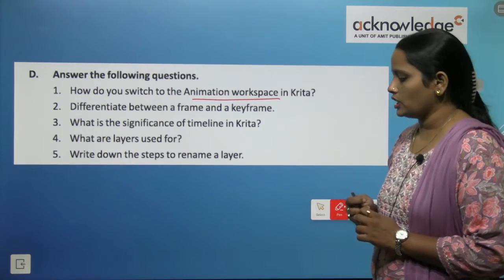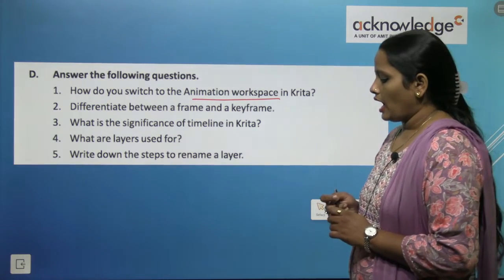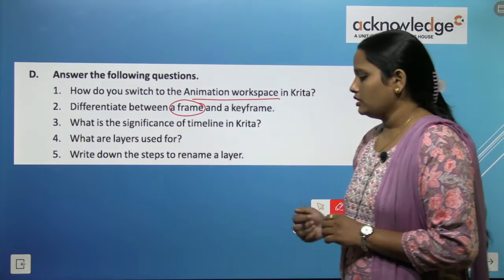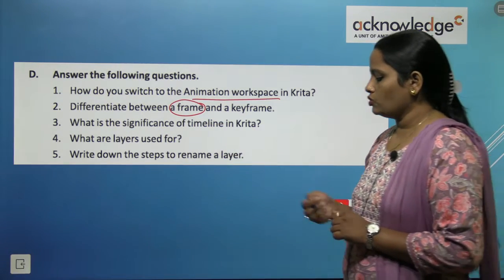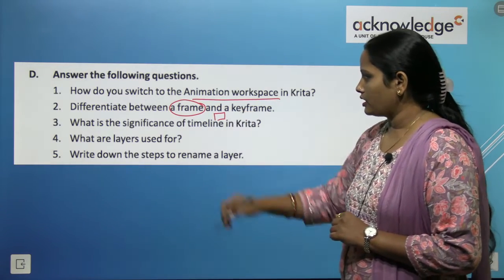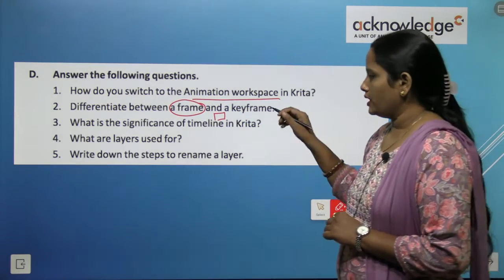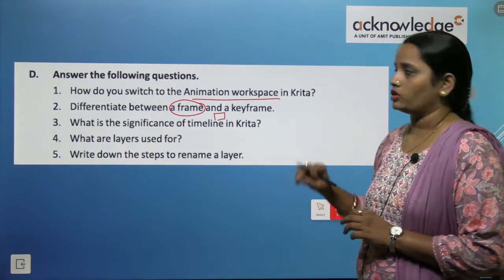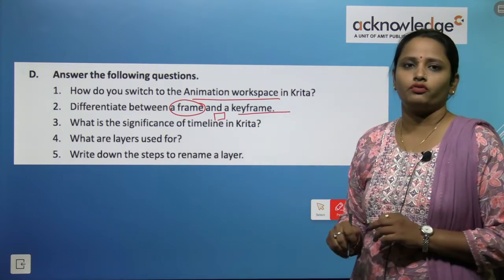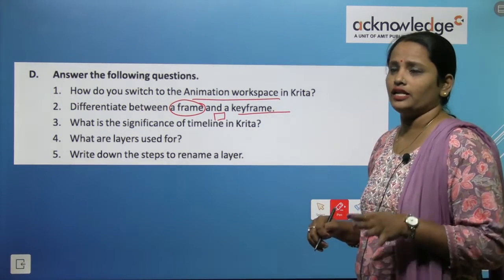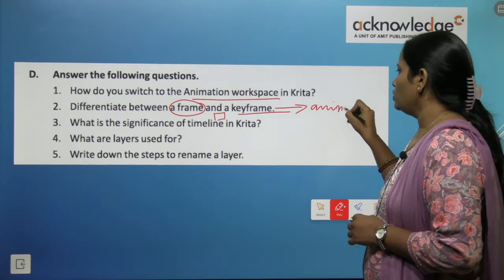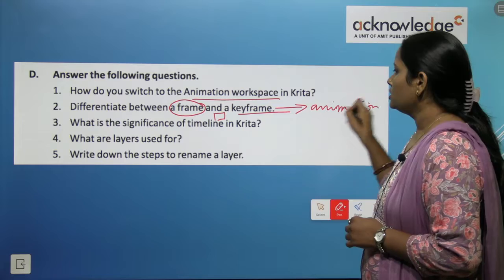Now we have to differentiate between frames and keyframes. Frames are used for creating animations, and these are rectangular, and they display the items that come on the top. Next, keyframes are used for changing the colors, styles, and all this can be changed in the animation using the keyframes.